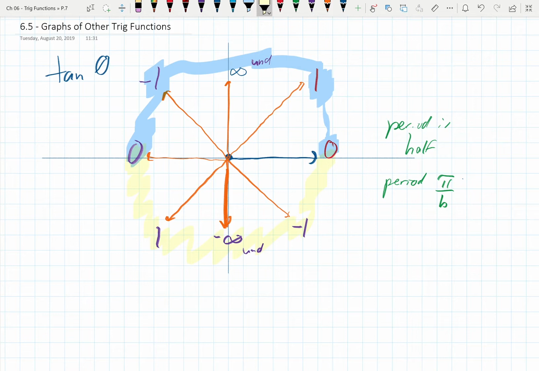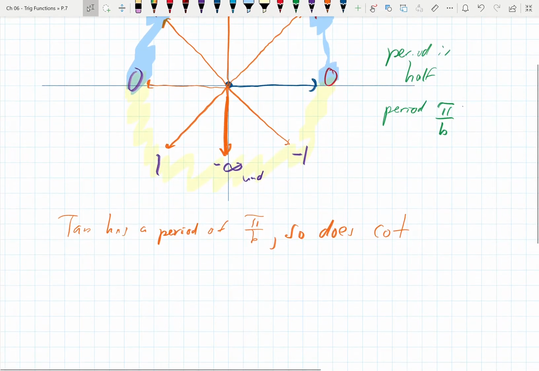So the very first thing to know is that tangent has a period of pi over b. And if tangent has a period of pi over b, so does cotangent, which means that secant and cosecant will follow what sine and cosine are doing. Okay, that's the first thing to know about tangent.